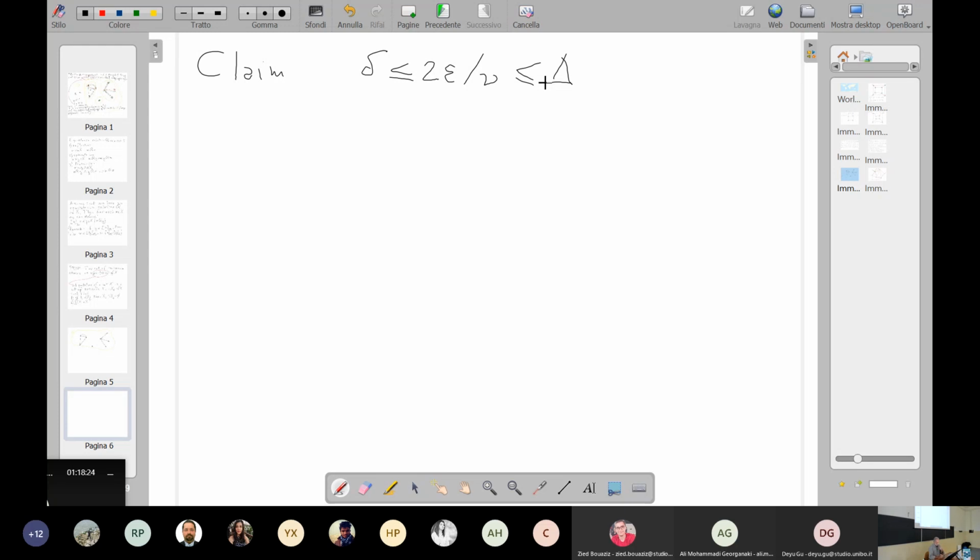Let's visit each vertex. Assume the vertices are indexed like this: V1, V2, up to Vn. Now I take the degree of V1 plus the degree of V2 plus up to the degree of Vn.